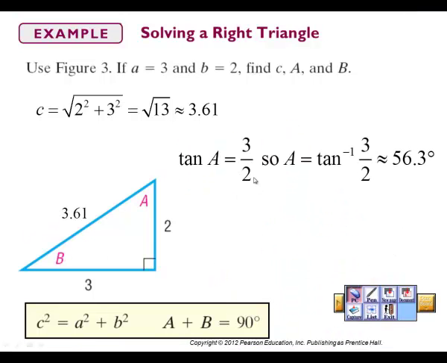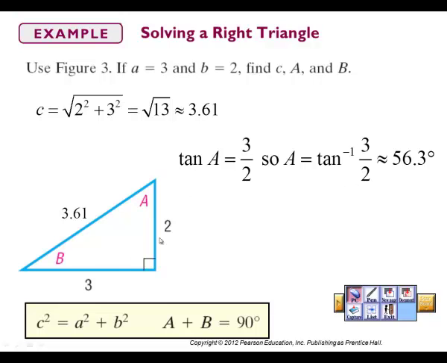Well, you're going to see here that we're going to get the same values. Now, they may have done it differently. They used tangent. We used sine. But we used the square root of 13 and not 3.61. And there's different ways you could do it. You could have used cosine. Here they applied tangent, which is opposite over adjacent.